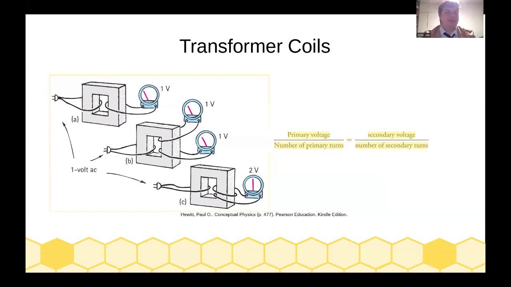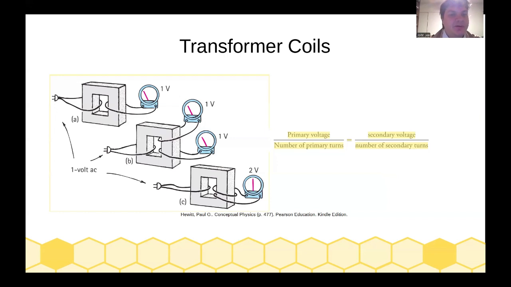This iron core is looped over another coil of loops, in order to create a flux going through that coil of loops and induce a voltage in the same way that we've been talking about.